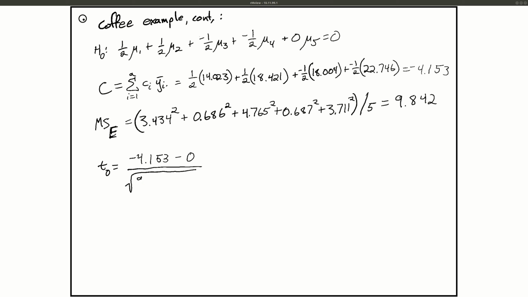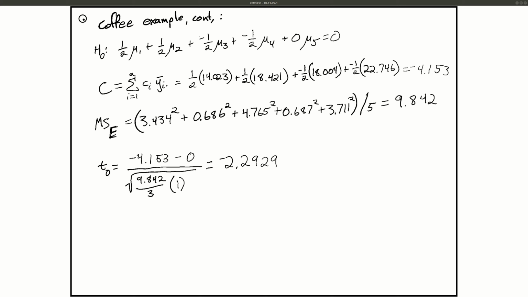So that would be 9.842 divided by n, which was 3, we're assuming, times the sum of all the contrasts squared. So if we take our contrasts, they're all 1/2 or negative 1/2. We square them, we get a quarter, and then we add all those up. We have 4 quarters that we're adding up, and so that adds up to 1. Our T statistic is therefore negative 2.2929.